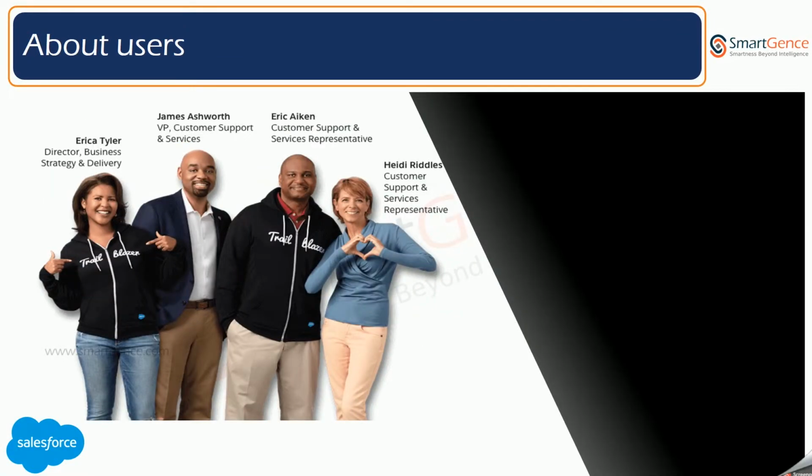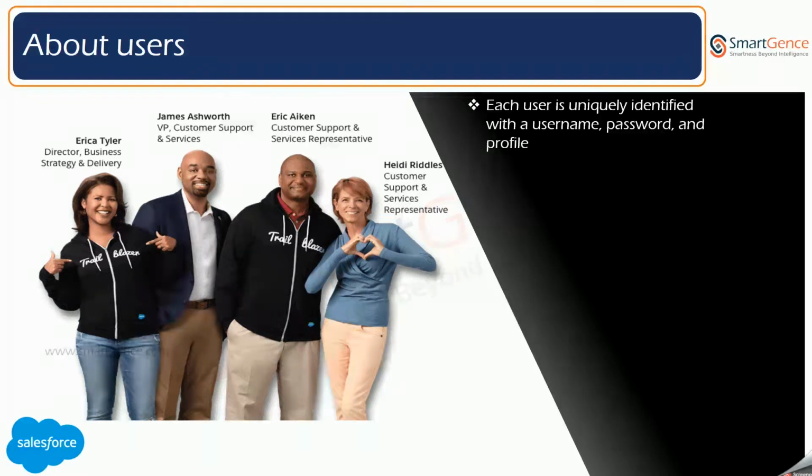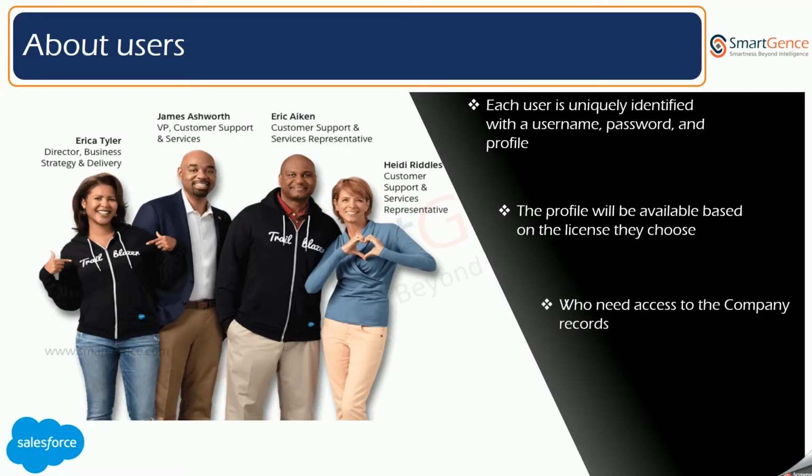So basically, every single user would have a username, password, and profile which are unique to them. Then the profile will be based on the license which we will be choosing at the user detail page. You would have known about the license from the previous video. And the users are the ones who need access to the company records, obviously.